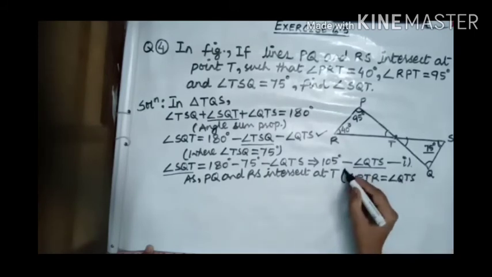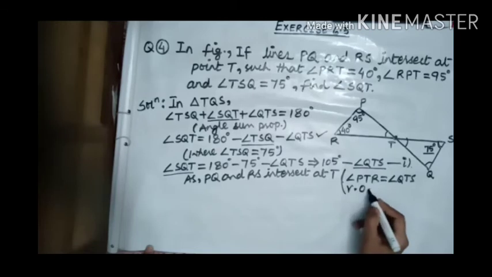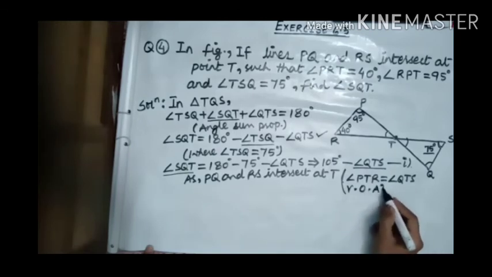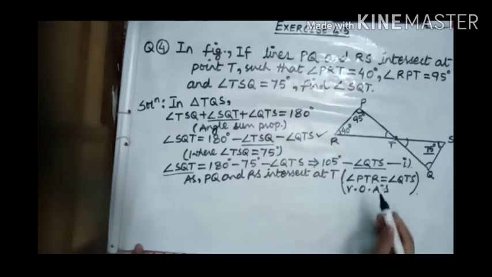Reason: vertically opposite angles. So in place of angle QTS, we may use angle PTR.